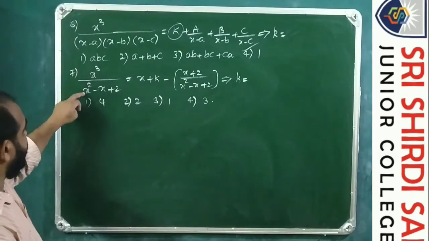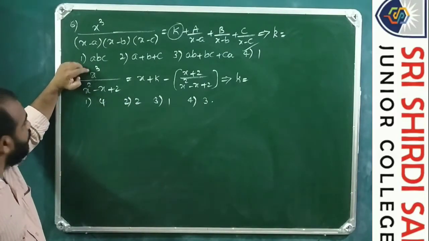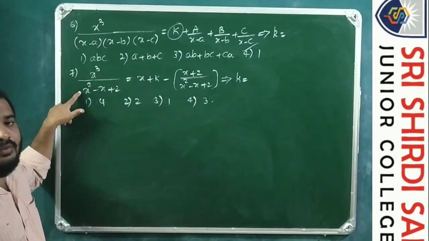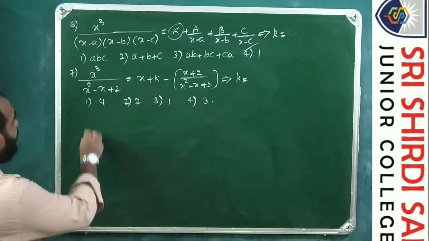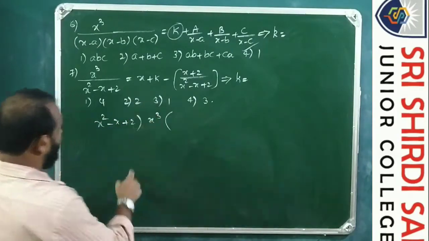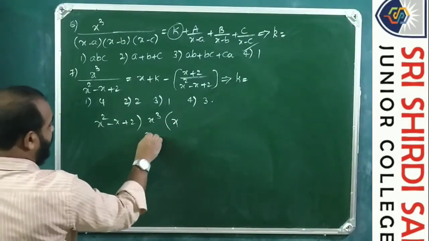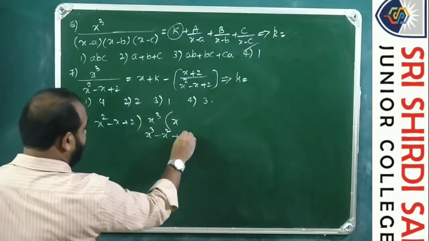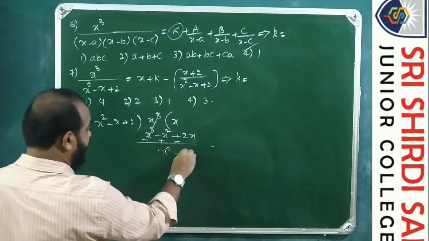x cube by x square minus x plus 2, again the degree of f of x is 3 and degree of g of x is 2, so this is an improper fraction. We need to divide x cube with x square minus x plus 2. x cube by x square, x times, so x into x square, x cube, x into minus x square, x into 2 is 2x, so minus plus minus, so x square minus 2x.